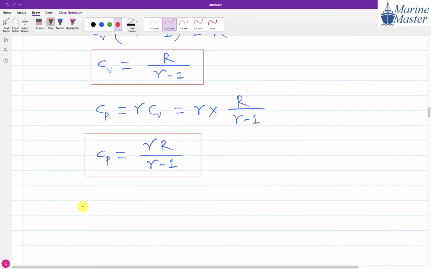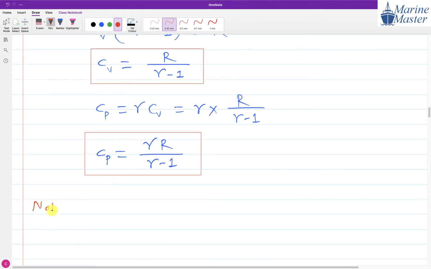Now we will write down the note. What I just explained a few minutes before: Cp, Cv, R and gamma are properties of an ideal gas.